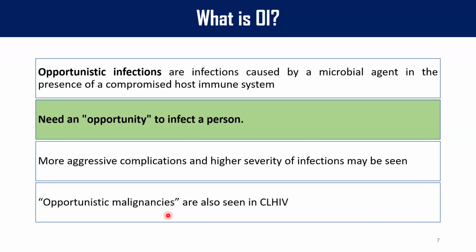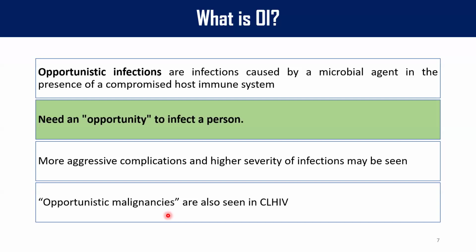Though we are seeing some unusual organisms infecting these hosts, which are commonly not seen in an immunocompetent host, that is, in the classical sense, an opportunistic infection. But sometimes a common infection in an immunocompetent host may have a self-limiting course and will not cause much of an issue.